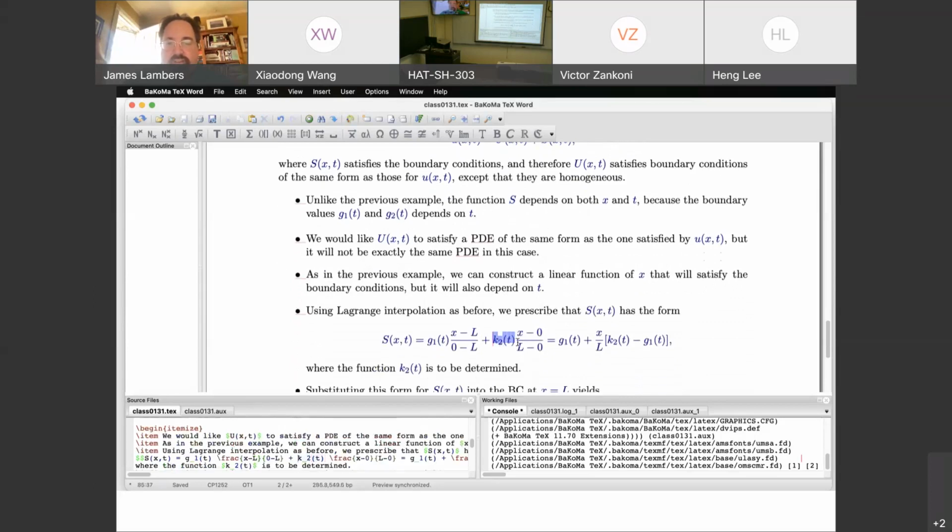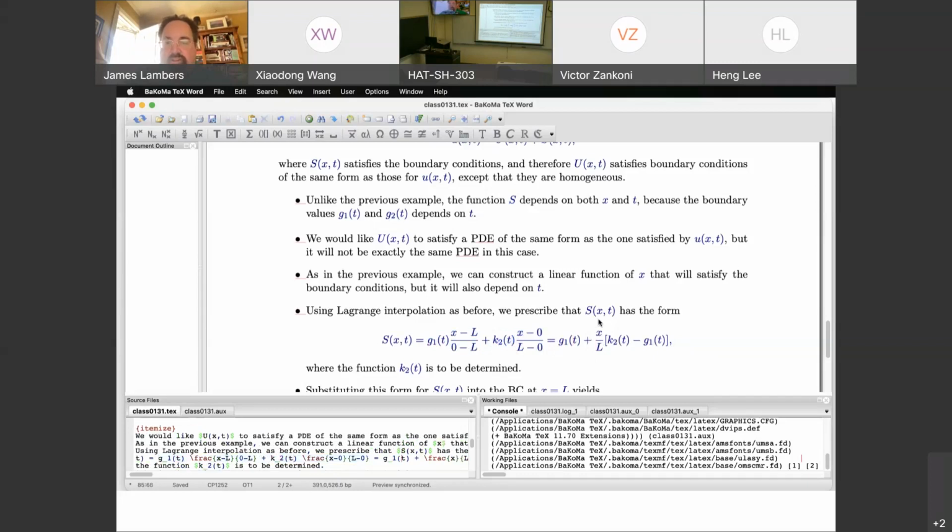We don't know what k2 is. But the idea is I'm setting up a function that's linear in x that will be equal to g1 at x equals 0 and will be equal to this, whatever this is, at x equals L. The way this function is set up is exactly the same as in the previous example. It's just that now we have functions of t here and here instead of constants.